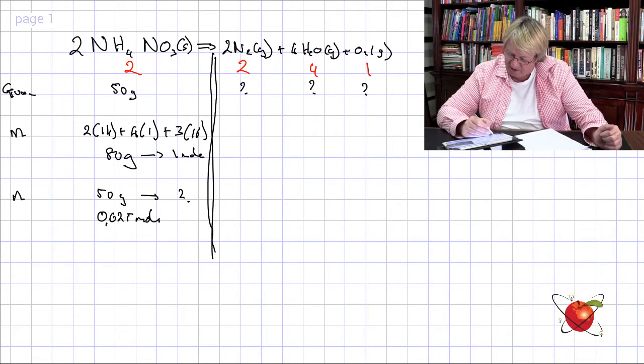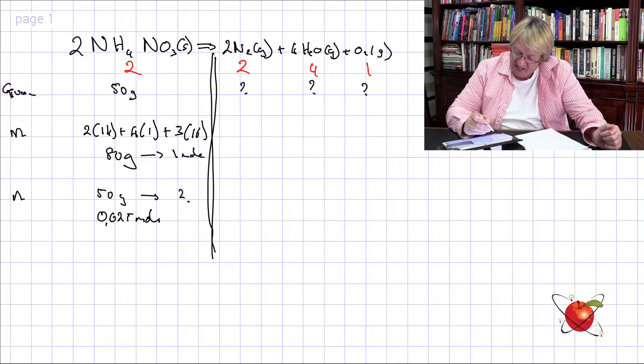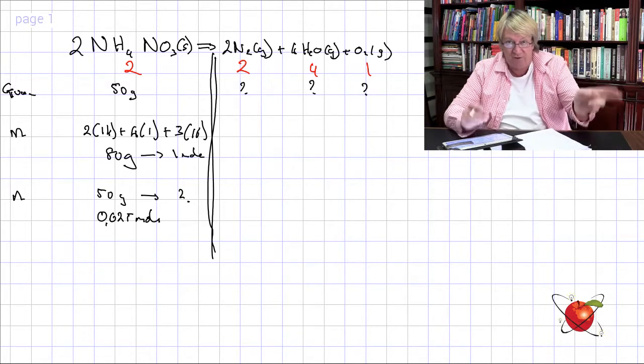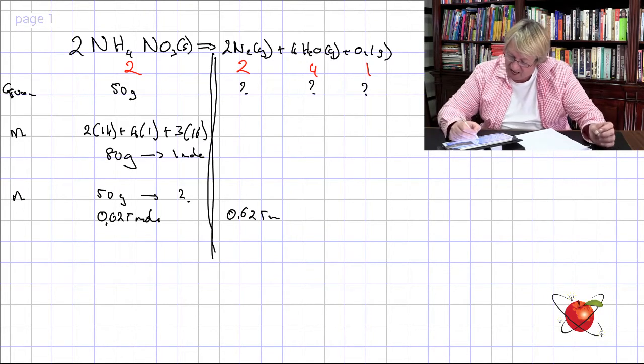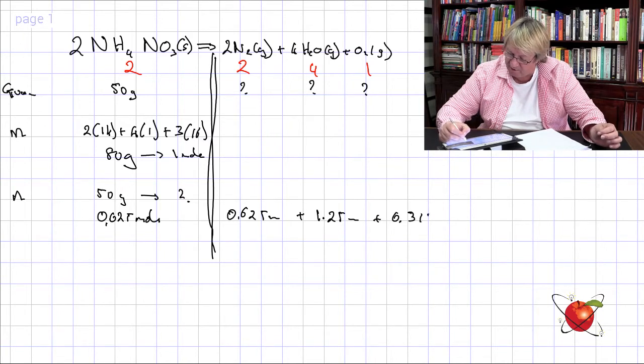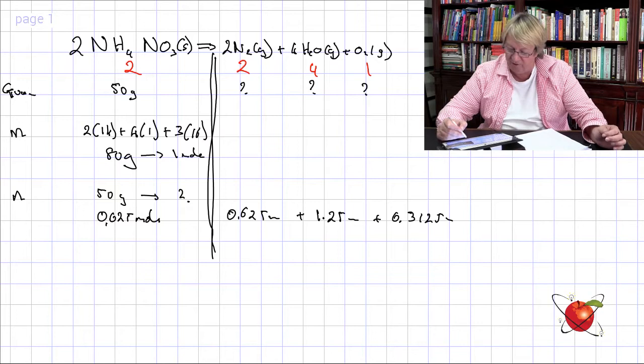So if we've got 0.625, it reacts in the ratio 2:2, which means the other side must be 0.625 moles as well. And on this side we've got 1.25 moles. And on this side we've got 0.3125 moles.